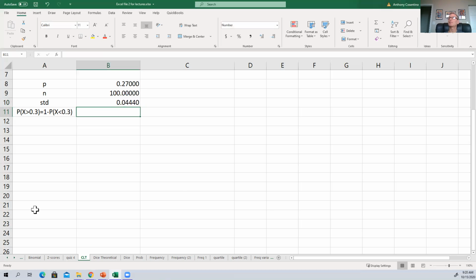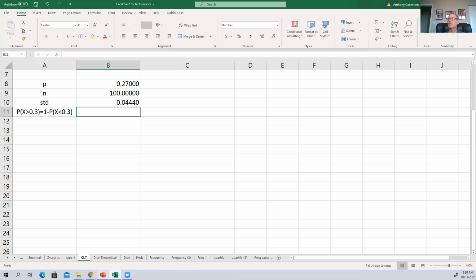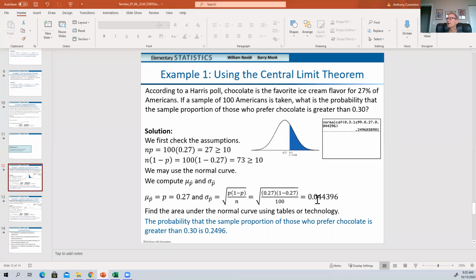And you can see we get 0.44396. If we round, you would get 0.444, and the 6 brings the 9 up and brings the 3 up to a 4.